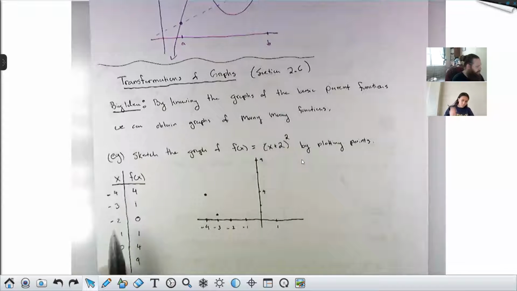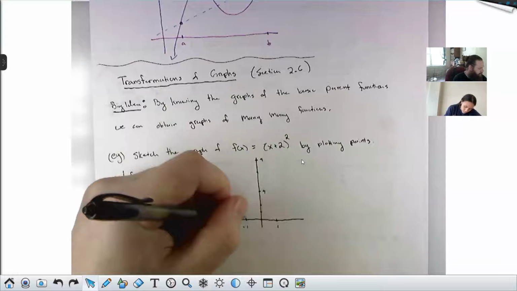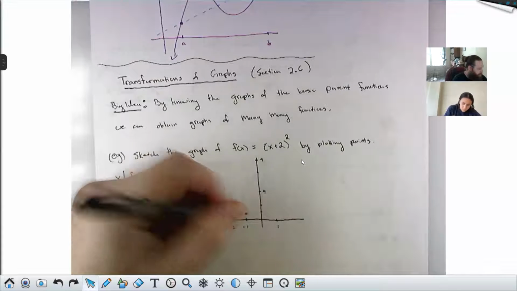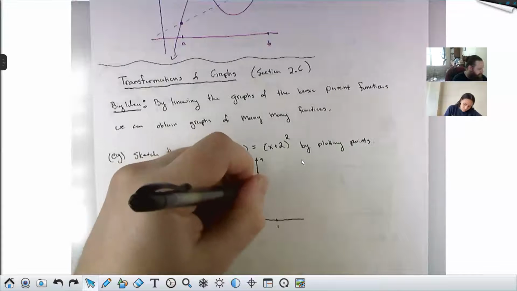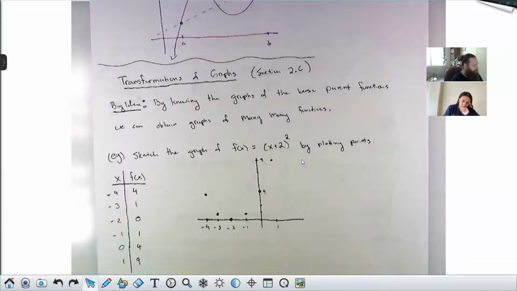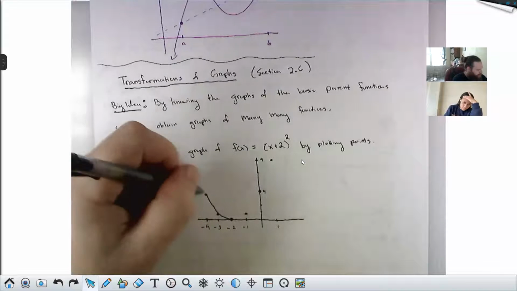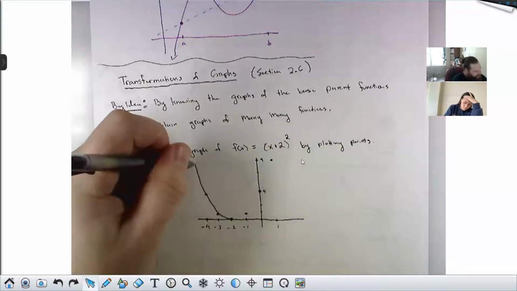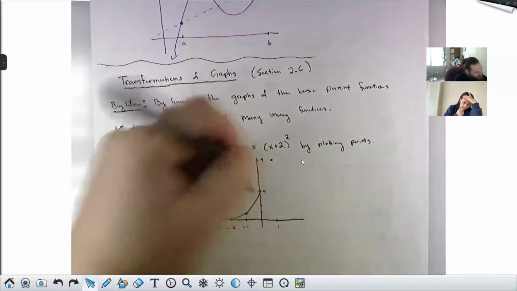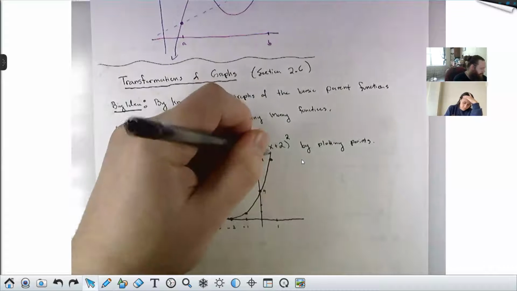Here. -2, 0 is here. -1, 1 is here. 0, 4 is here, and +1, 9 would be right up here. We have a nice smooth curve connecting these points. Something like this.